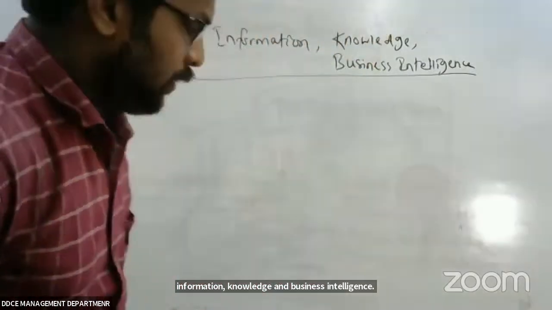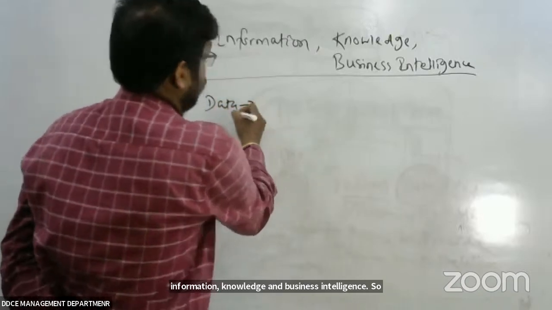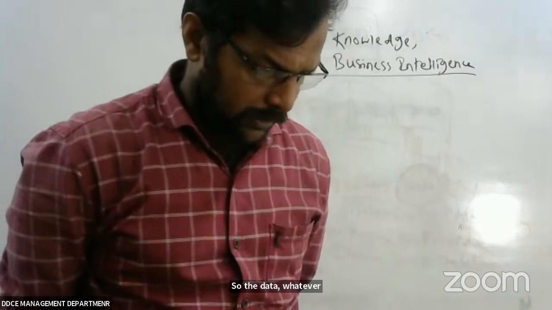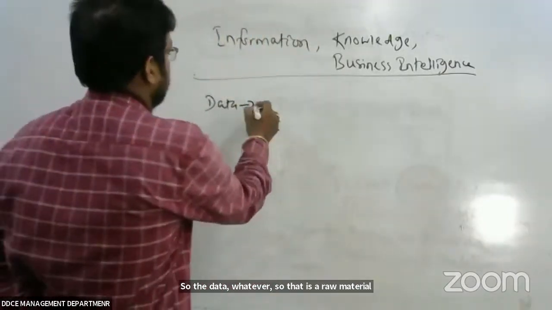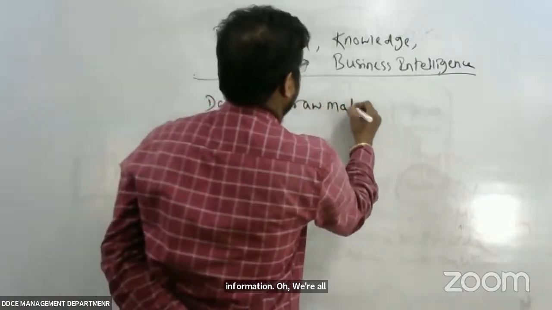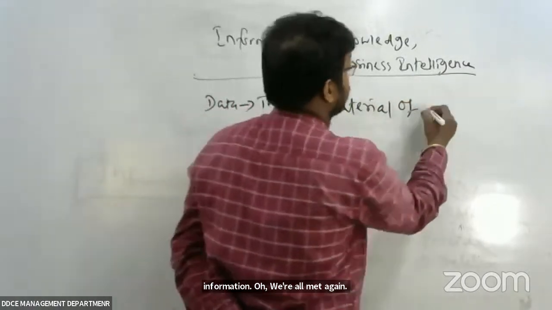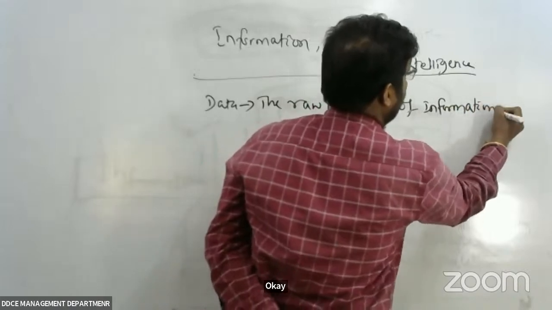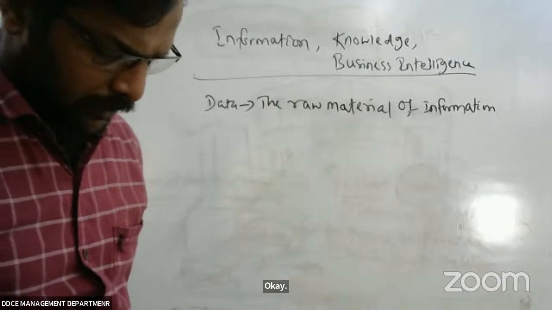First is the data. The data, as we have told, is the raw material of information. Data is referred to as the raw material of information.